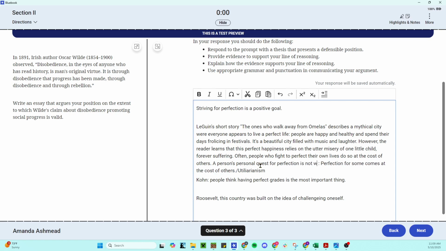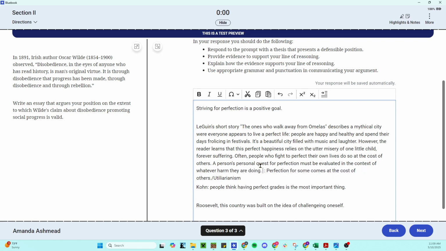Perfection is not worth it, or a person must be evaluated in the context of whatever harm they are doing.